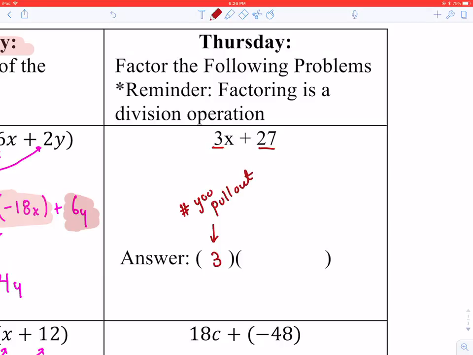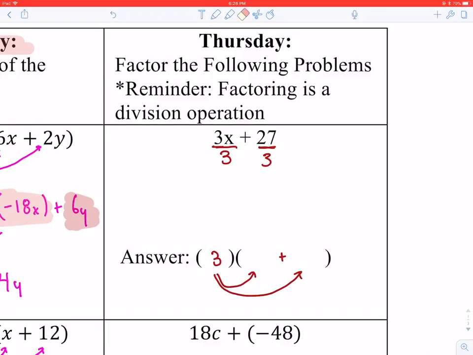All your answers should be in 2 sets of parentheses. The number you pull out goes in the first set. To figure out what goes in the second set, you do the opposite of multiplying: you divide by the number you pulled out. We're pulling out a 3, so I'll divide both terms by 3.